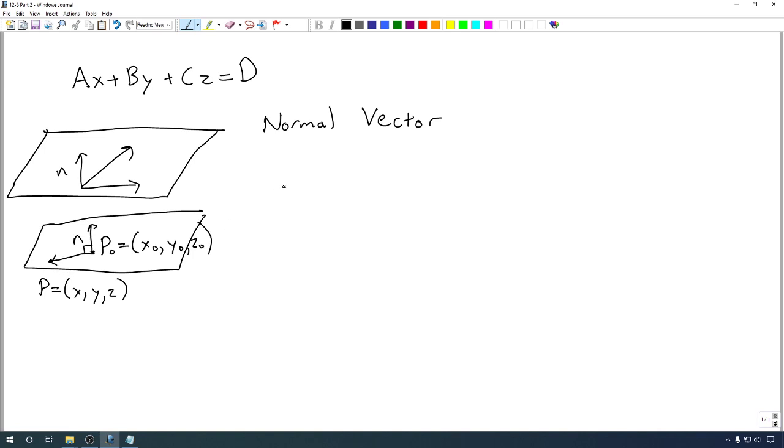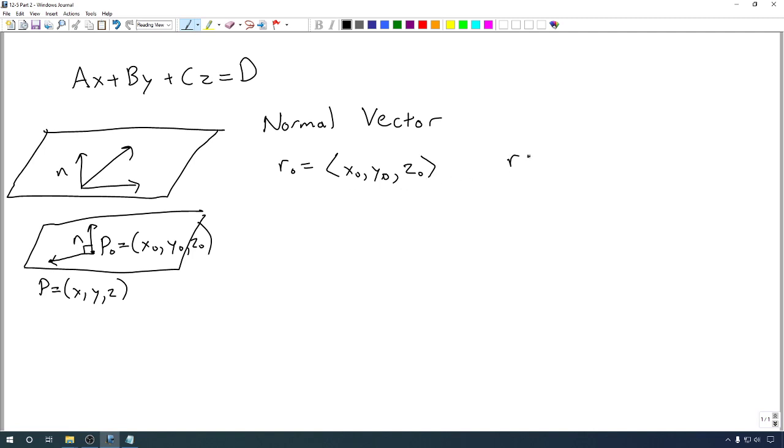We can actually go ahead and do that. Remember, we can form what we call position vectors. Let's say the position vector of the point P naught, we'll call that R naught, which is just the vector from 0, 0, 0 to x naught, y naught, z naught, which just has the components x naught, y naught, z naught.